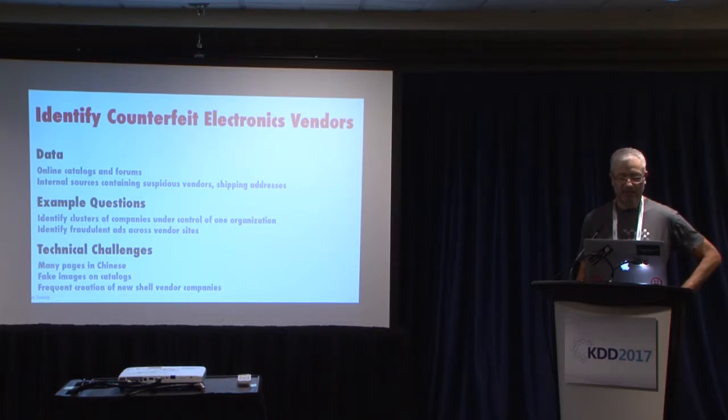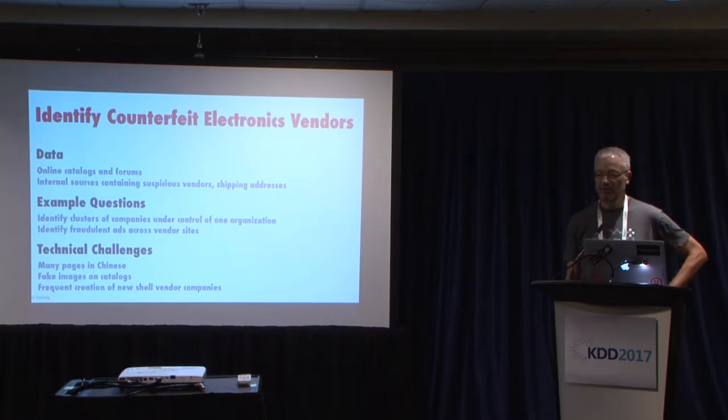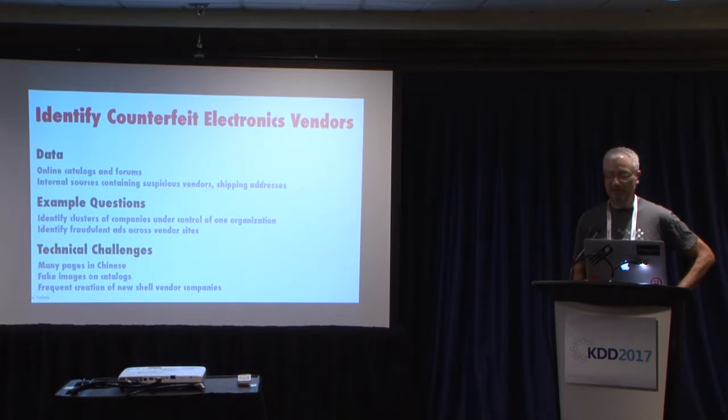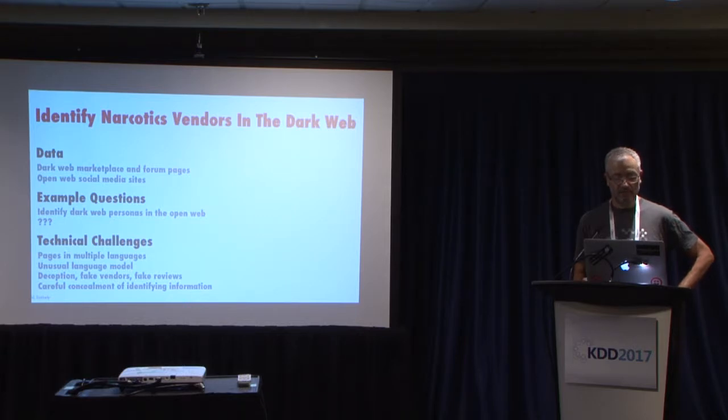Of course, the challenge here is that many pages are in Chinese. There are many fake images in the catalogs. And this idea of deception is something that's going to be recurring in many of the unusual domains. This one is pretty obvious. The dark web has a lot of narcotics vendors. There are all the marketplaces on the dark web and forums.